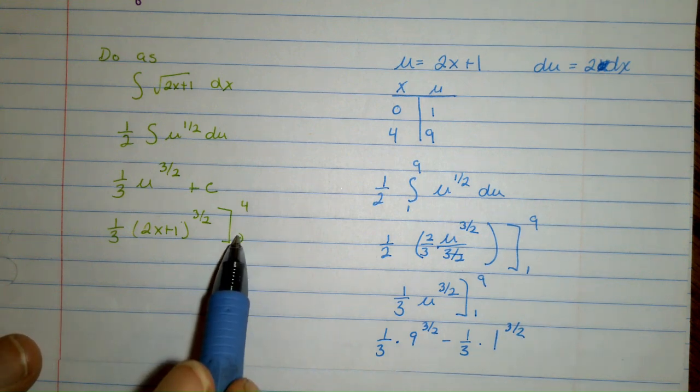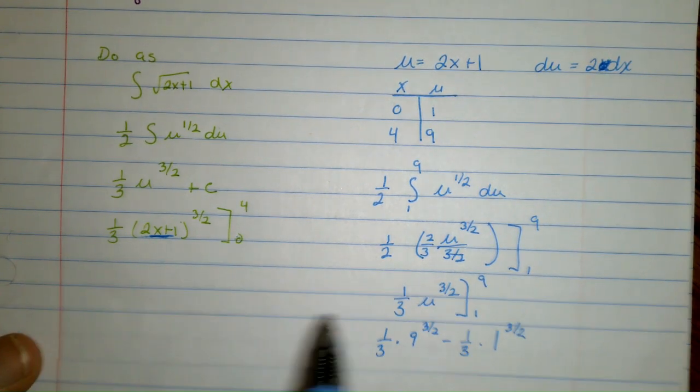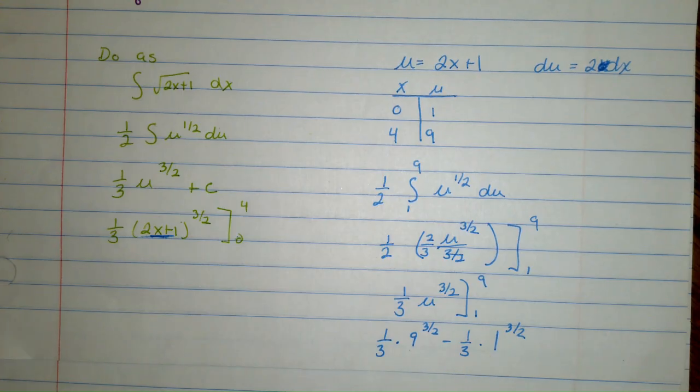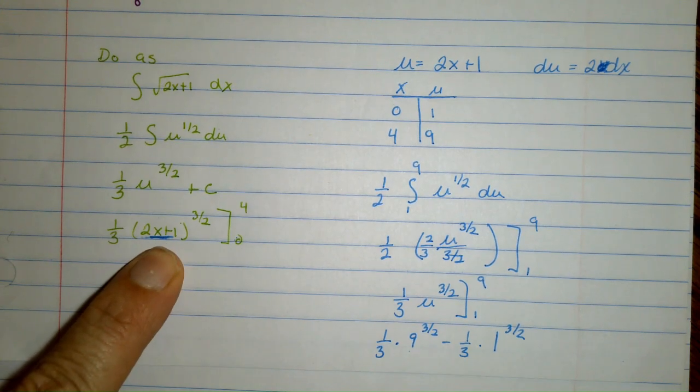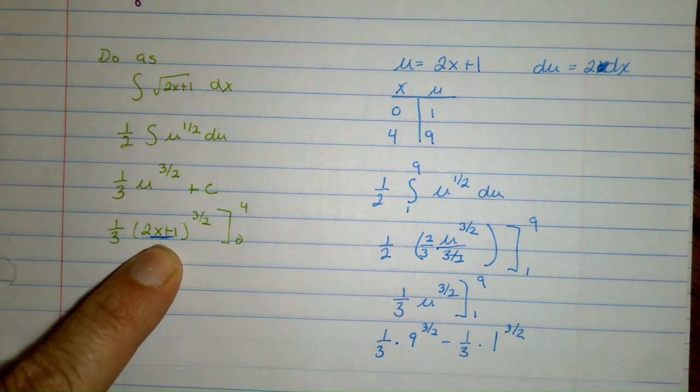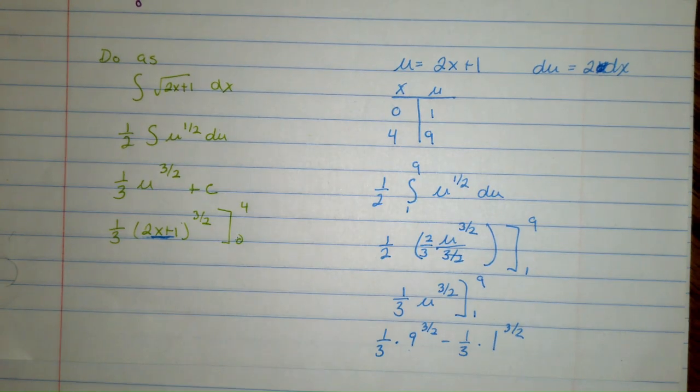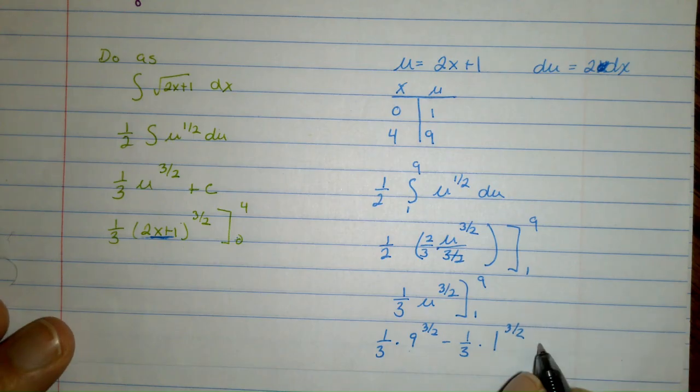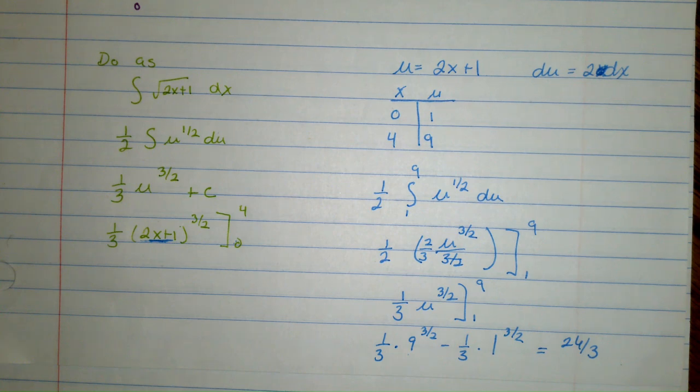Here you'd have to substitute 0 and 4 into this, and you would get 9 and 1. So why go back and put it back in? If you change it to u and you change your upper and lower bounds to u, and we're going for a numerical answer, you never have to change it back. Because again, we're looking for a numerical answer, not a variable answer. If you type this into the calculator, you get 26/3. So keeping it in u format, as long as you change your upper and lower bounds, is beautiful. That's what we want. That's all we have to do.